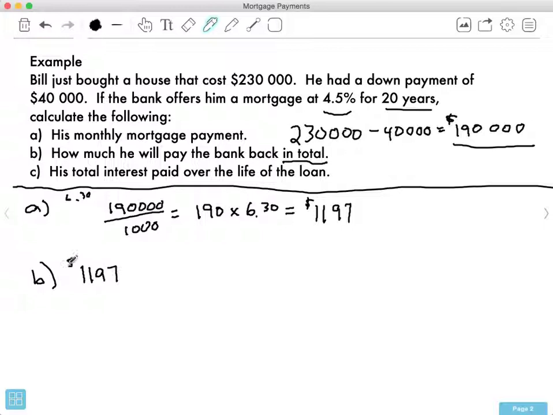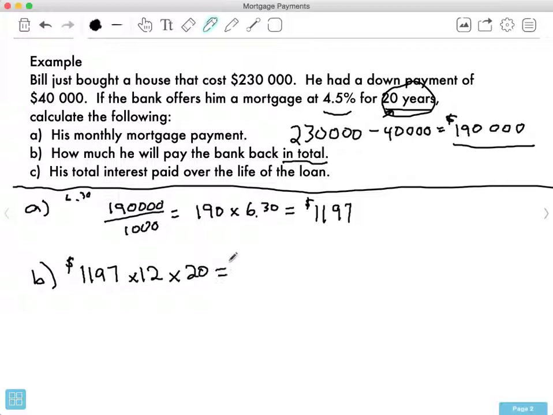He's going to pay $1,197 every month for 20 years, assuming the terms of his mortgage don't change. So he's going to pay $1,197 times 12, because there's 12 months in a year. That's how much he'll pay in 1 year, and then times 20 for the 20-year mortgage. So he's going to pay this 12 times a year for 20 years.